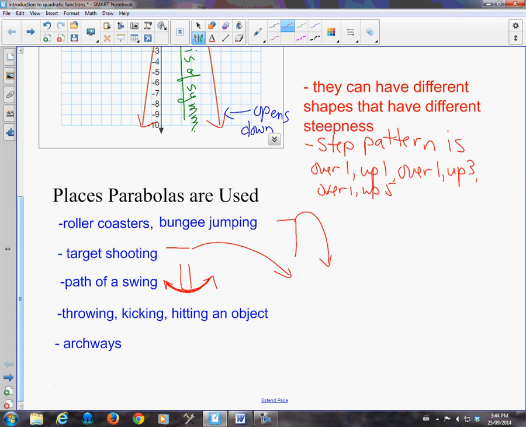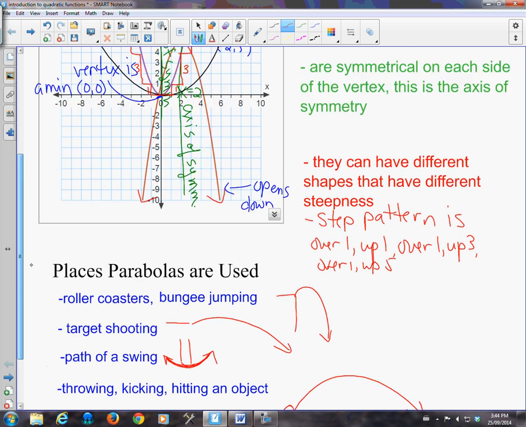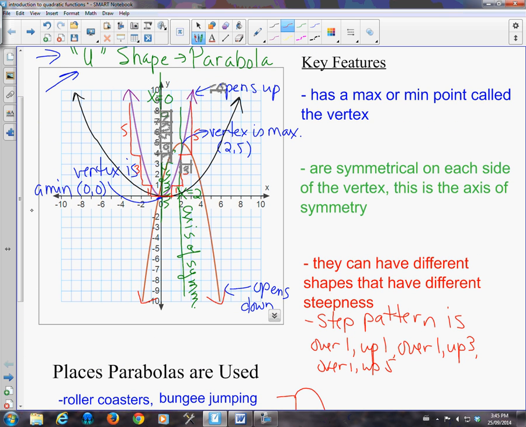Anytime you throw, kick, or hit an object, that is a parabola. If you kick a soccer ball, it goes through the air in a wide U shape. Any archways that support buildings are always in a U shape. So this is the same parabola shape that has the key features we talked about up here. They have a maximum or minimum point, they're symmetrical, and they can have different steepnesses depending on their step pattern.